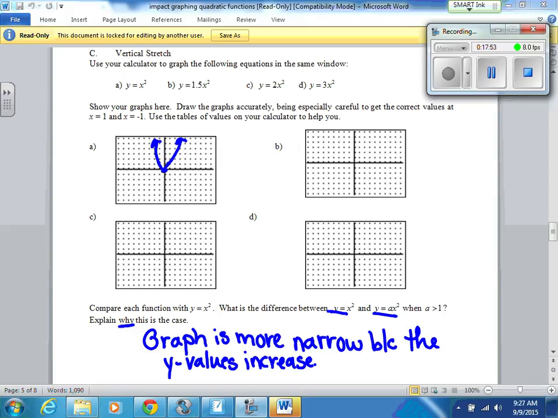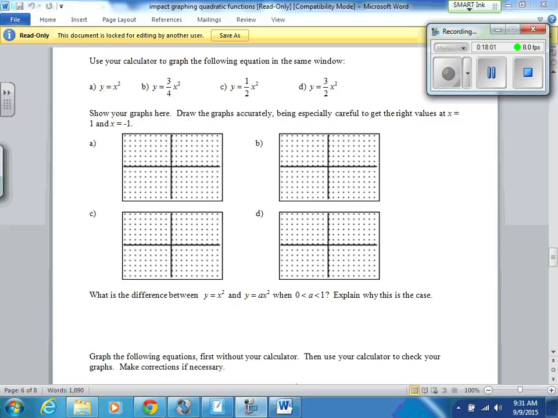It's between 0 and 1. See what happens on those graphs. Okay, what seems to be happening to these? If y equals x squared is here, what happens to 3/4 x squared? How does it compare to the original?